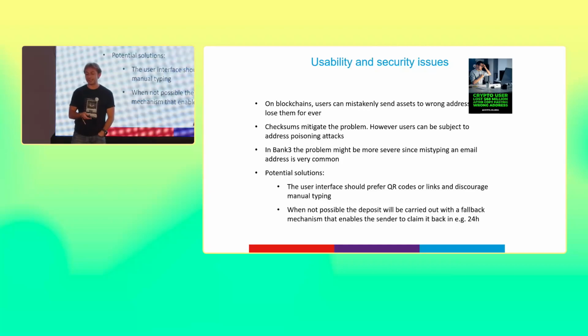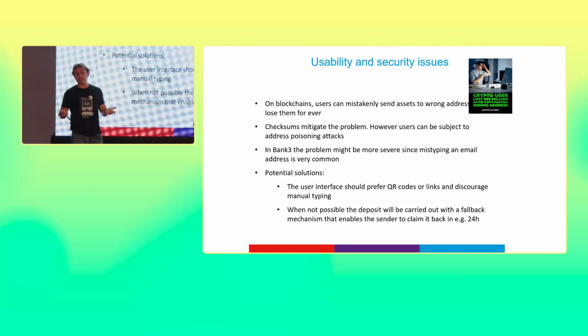For example, in this slide, I mention a famous case of a crypto user who lost about 70 million dollars. In the identity-based variant of Bank3, the problem can become more severe because mistyping an email address can be a real problem, right?